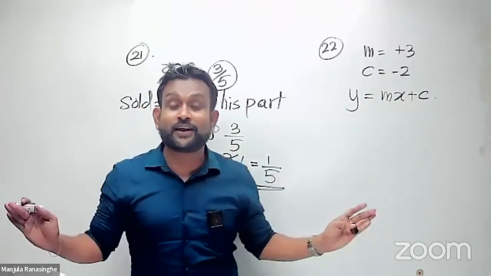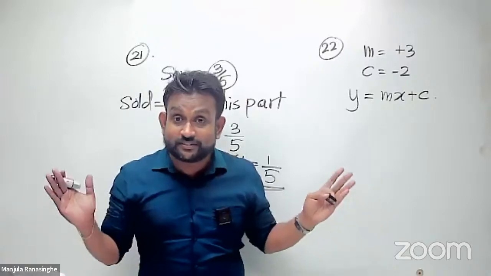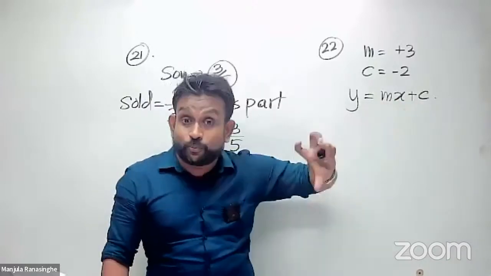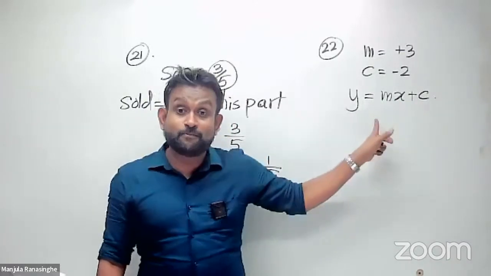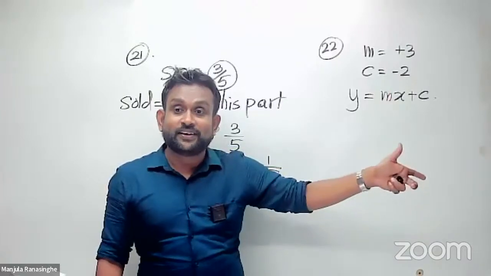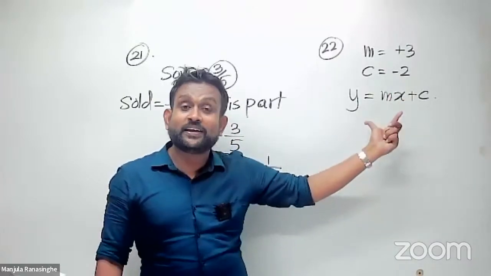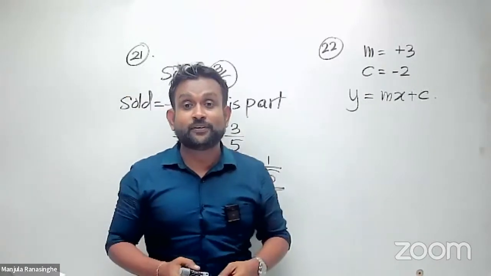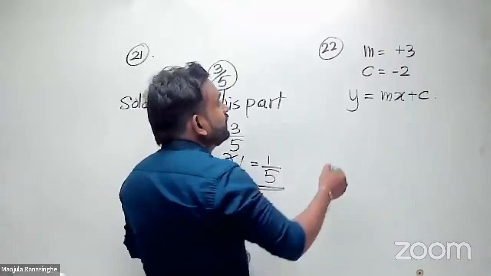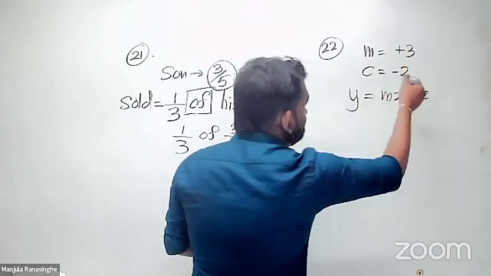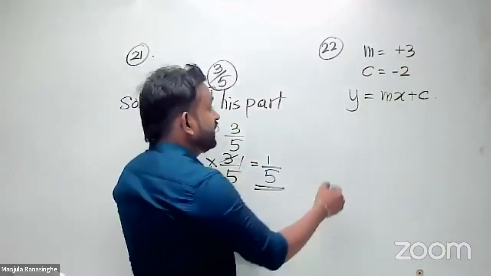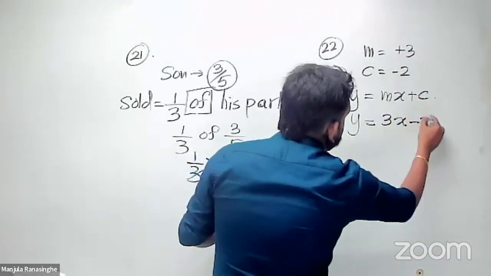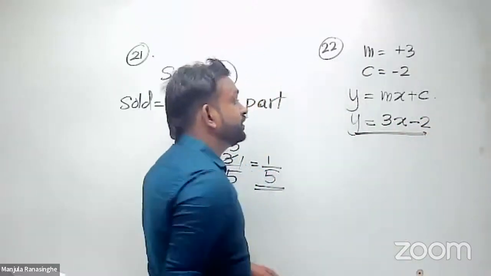All straight line graphs in the world have the same identity format, but m and c vary. Some have the same m but c varies, some have the same c but m varies. What the gradient and intercept are, we will discuss in a future question. But what you need to do is substitute m as 3 and c as negative 2. So y equals 3x minus 2.